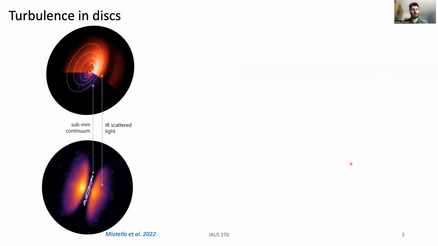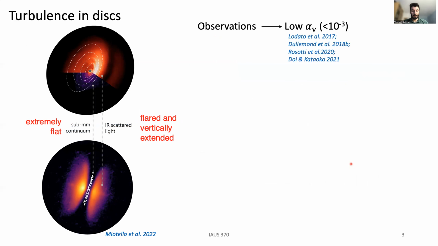The observations show that the protoplanetary disks are flat in the millimeter continuum, and they are flared and vertically extended in the scattered light, which means that the turbulence inside the disk seems to be really low.